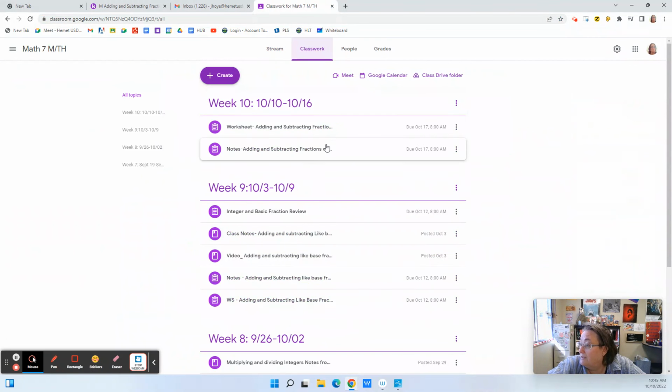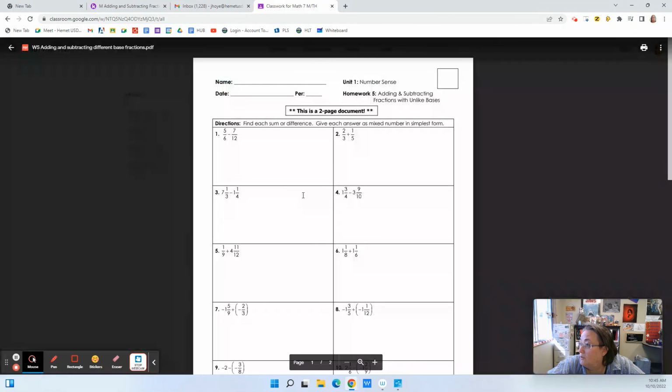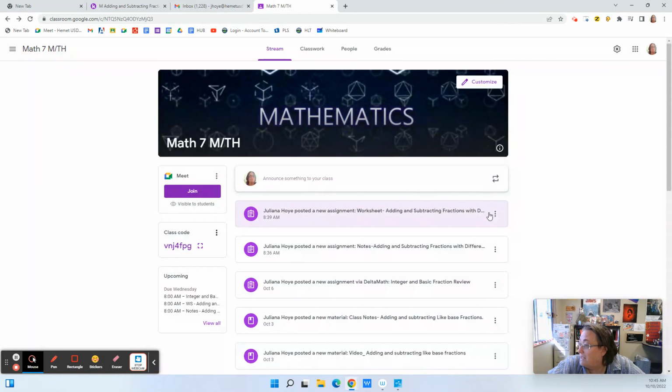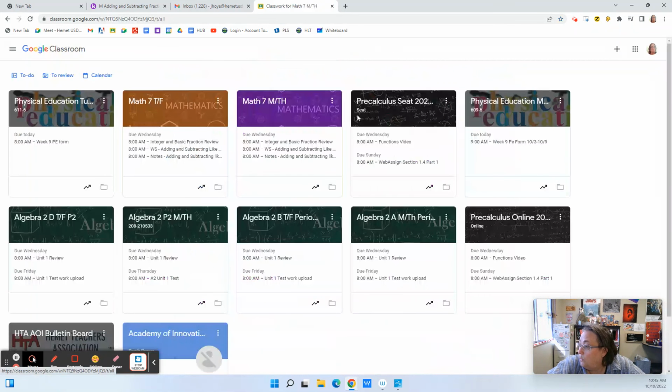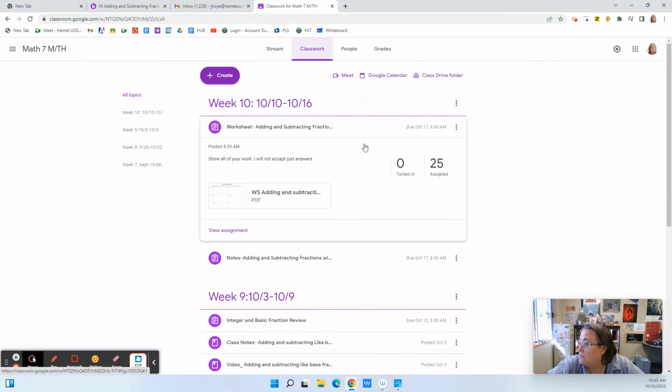It's still a worksheet. Oh yeah, you're supposed to create your own. Hold on, let me fix that. Oh man, yeah, because I got confused when I saw it.